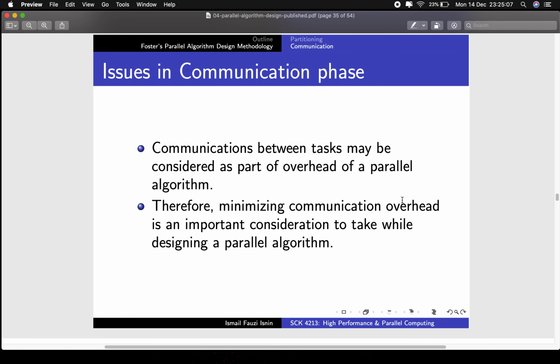There will be issues when you are facing the second method of the parallel algorithm, which is communication between tasks, which may be considered as part of overhead. So this is very important for your computing purpose. Therefore, minimizing communication overhead is important as one of the considerations while you want to design a parallel algorithm.